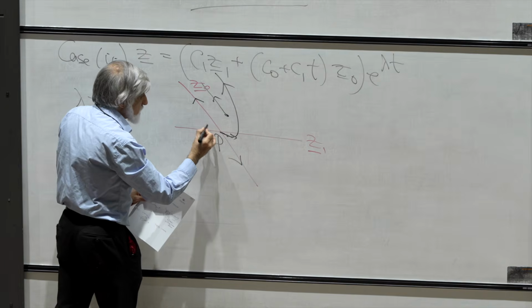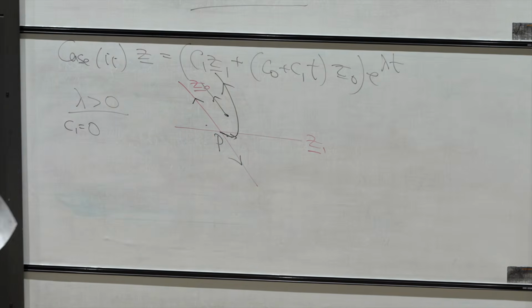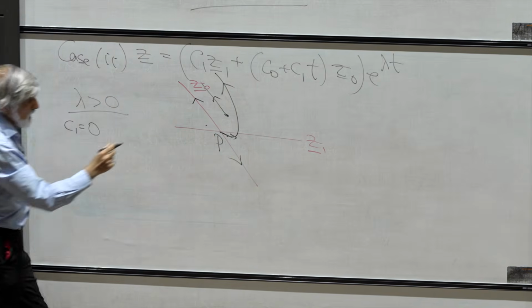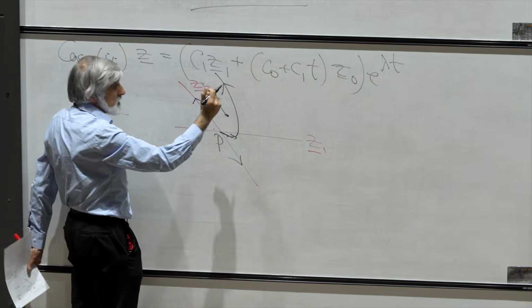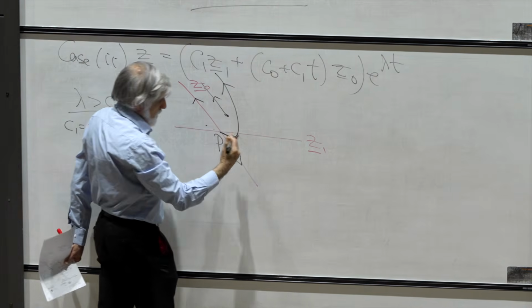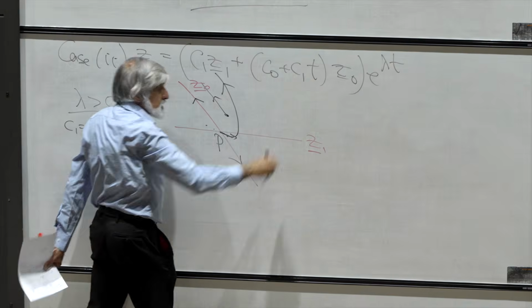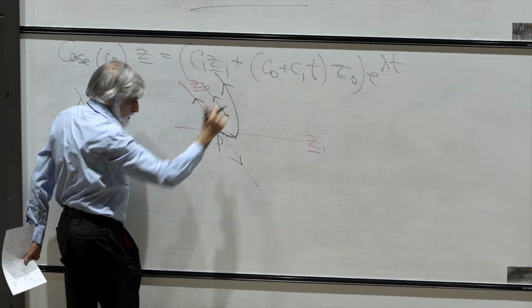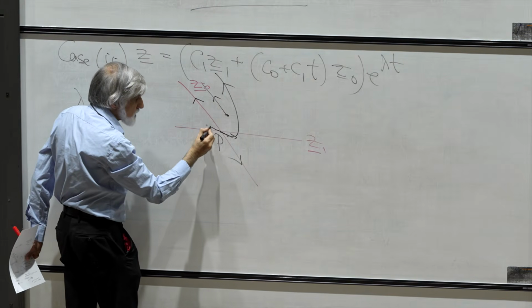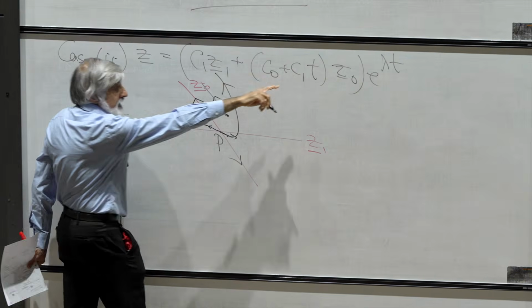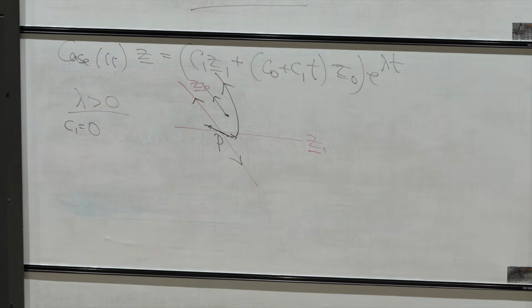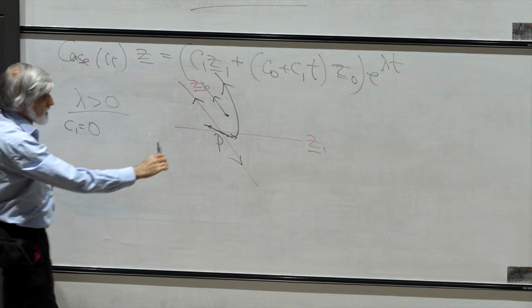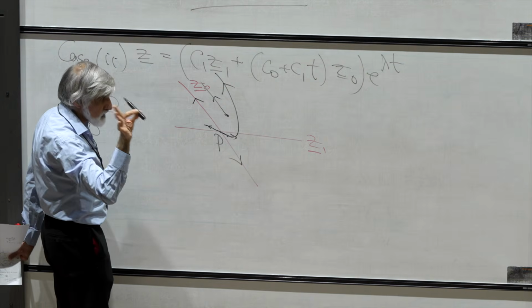What happens if I start here? Then I've got C1 and C0. If I start here, t is small, so they're both of comparable size, so I'll go like this. But eventually, this will win out. So what do I do? Don't do this because it's wrong.